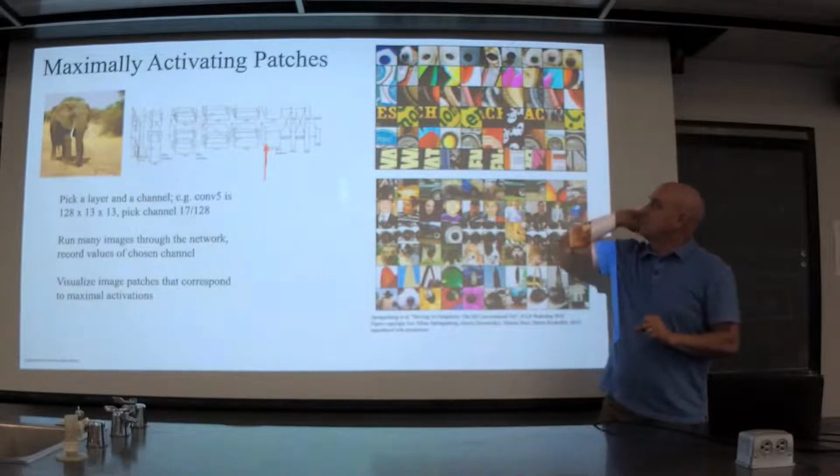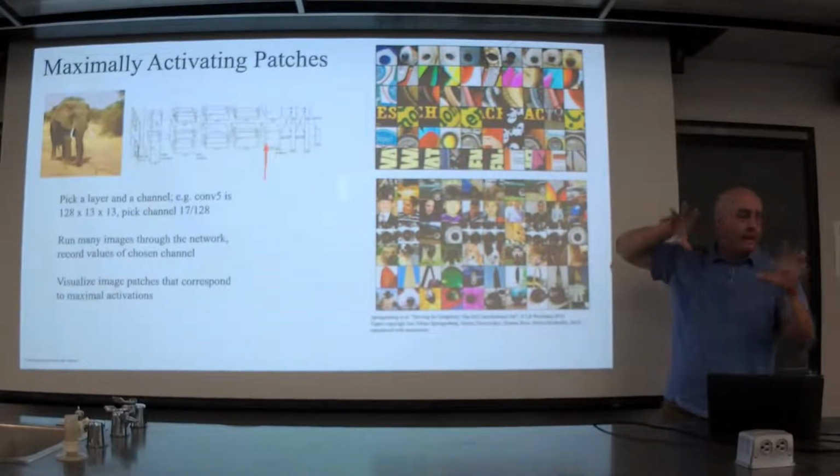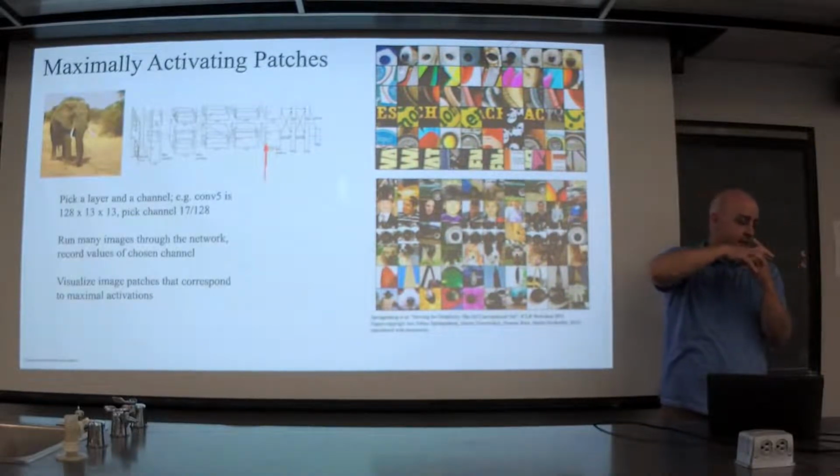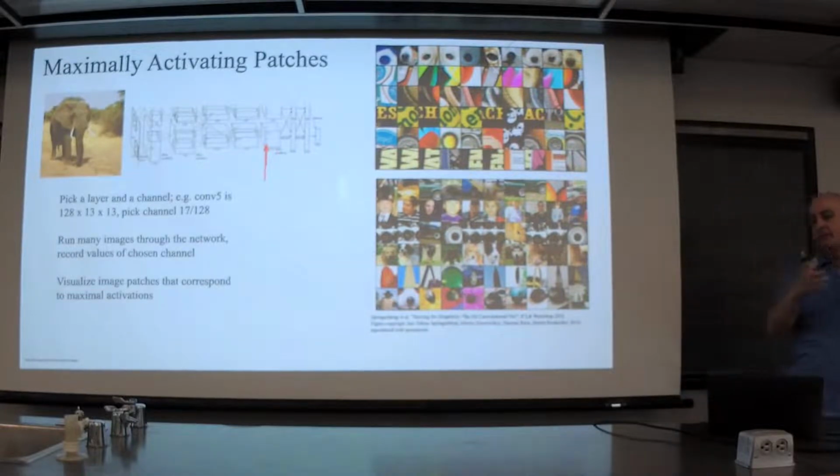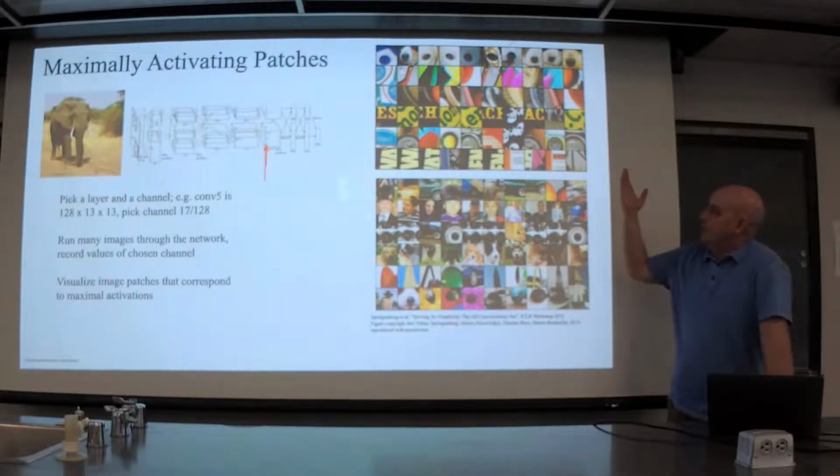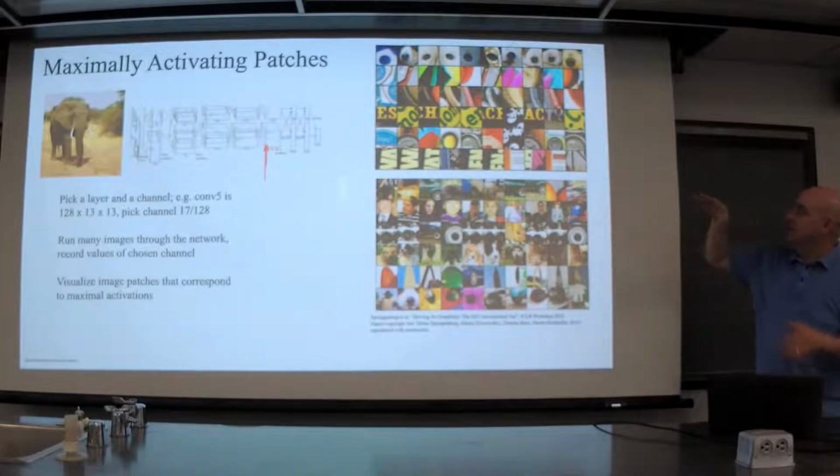So each of these rows is the patches of images that seem to maximally activate certain neurons. And we're just picking some of these out of your network. And you can see the great variety of things that are responded to differentially, and some of the similarities between them.